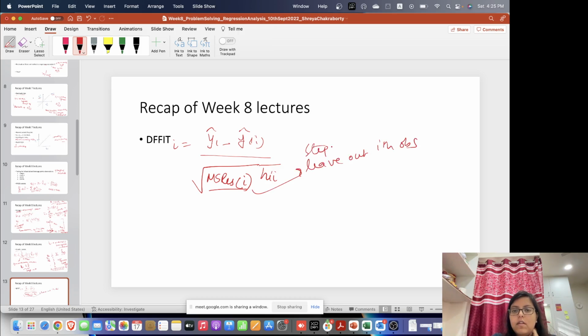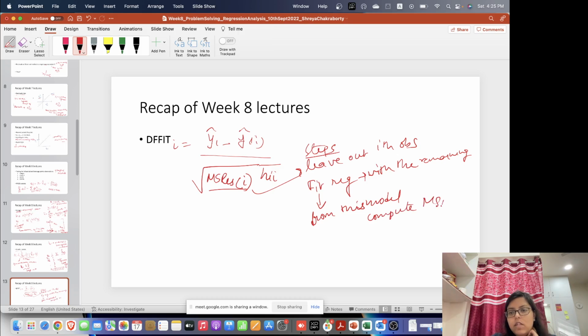These are the steps: leave out the ith observation, fit regression with the remaining, and from this model we compute MS residuals.